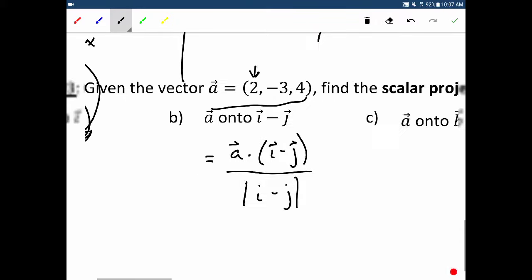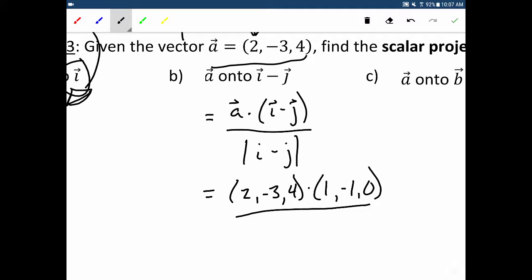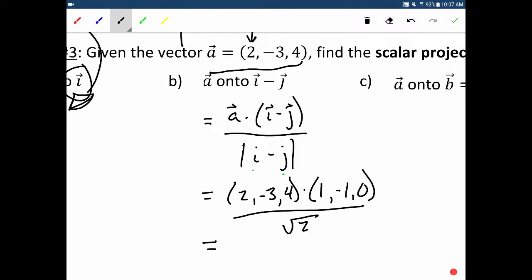So we're going to write this in components: A is 2, -3, and 4, and then we have 1, -1, and 0, and the whole thing is over square root of 2. The magnitude of both i and j is 1, so 1 squared plus -1 squared is 2.